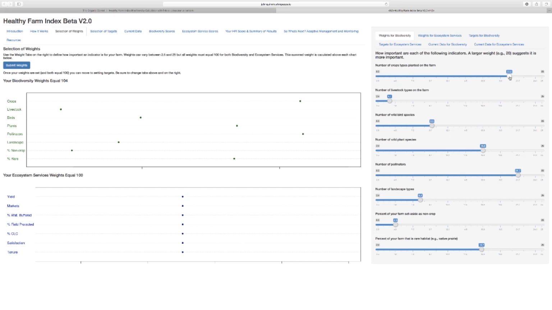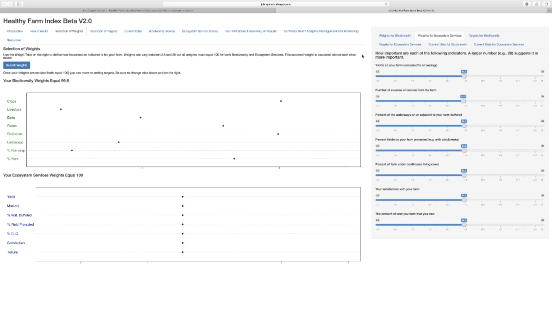So we might take a little bit off of crops, a little bit off of pollinators, and then we can submit those weights again, but we came in just under, so I'm going to pull my pollinators back up. And that's close enough.